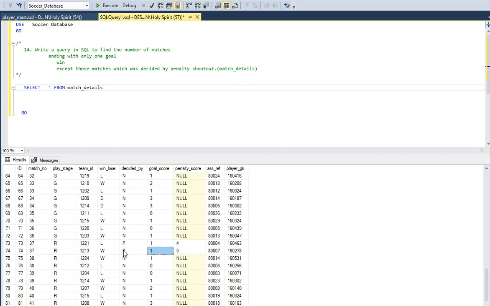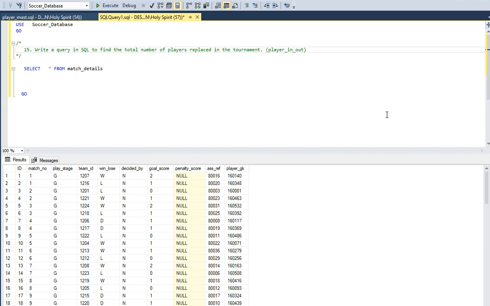Okay, this one satisfied. First one is satisfied. 1. Okay, this is another one. 2. This is another one. 3. Okay, there are only 3, so we are right.